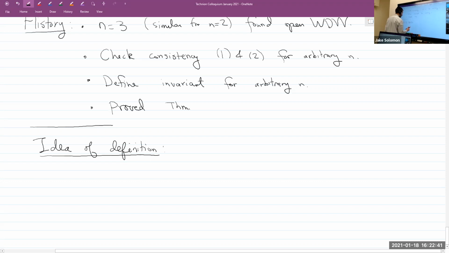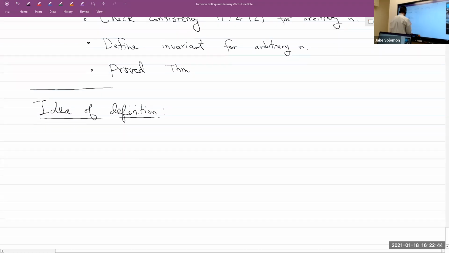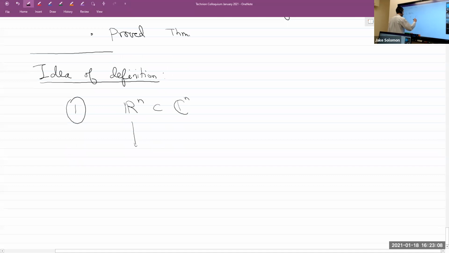Okay, so first of all, in order to make sense of these things in modern language, as I mentioned already, you have to compactify everything. So the first thing to notice is that R^n sits inside of C^n. Well, you compactify, and you get RP^n sitting in CP^n.